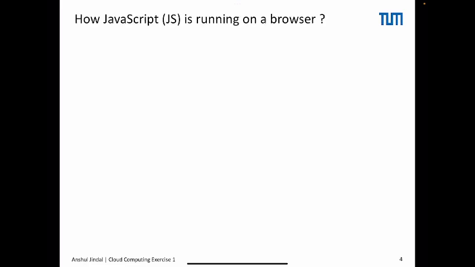The next question is, when you open a web application in a browser, it usually has to do some kind of rendering. The code which gets rendered is JavaScript code. How is this rendering done?